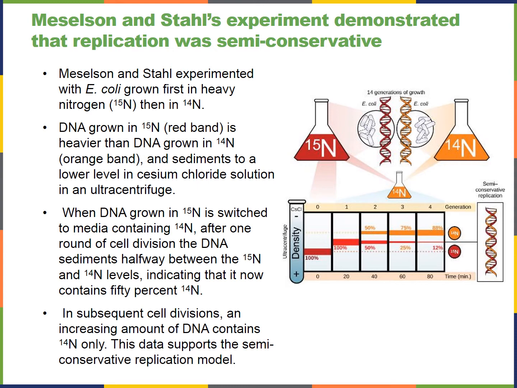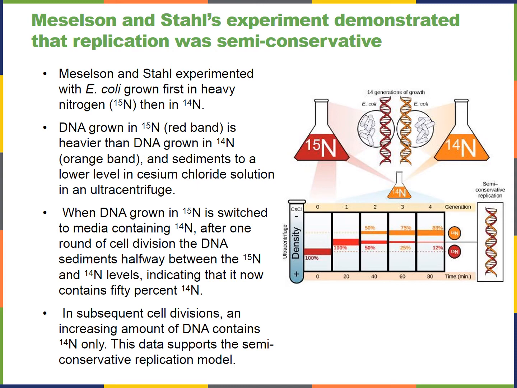After each of the first few generations, the cells were harvested and the DNA was isolated, and then it was centrifuged at high speeds in an ultracentrifuge. During the centrifugation, the DNA was loaded into a gradient and then spun at high speeds of 50,000 to 60,000 revolutions per minute.